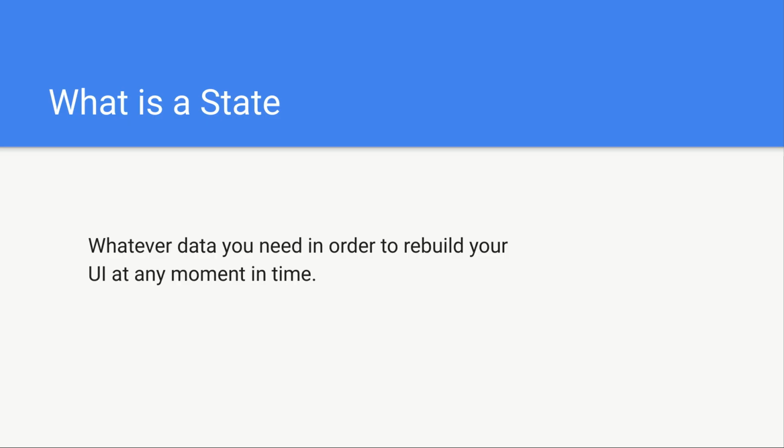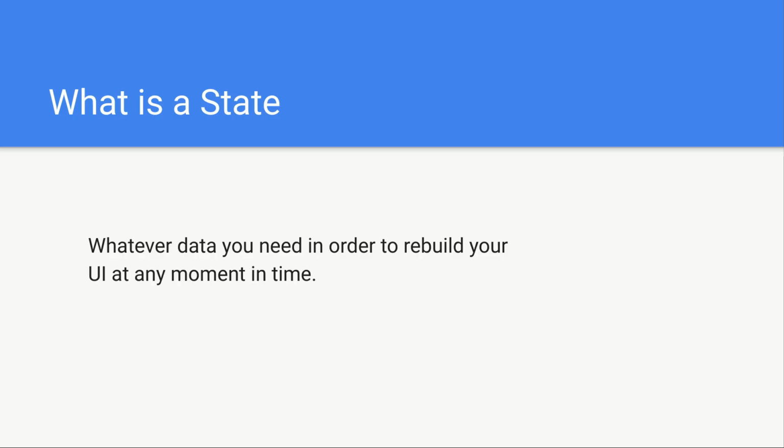In the context of a Flutter app, it represents the information that can change over time and influences the appearance and behavior of the UI. For example, a user inputs some data, that could be one of the states, or he fetches data from the API, that could be one of the states, or maybe an error occurs while fetching the data. So these are the multiple states that we need to handle in the apps.